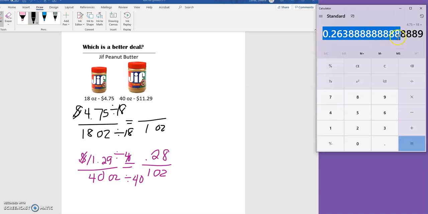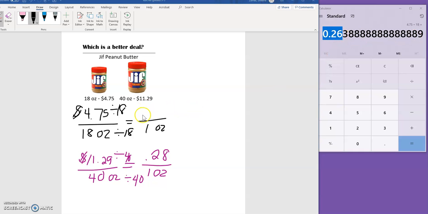Again, when we have all of these decimal places, we're talking about money. We just need to compare 2 decimal places. So now, again, once we have a unit rate, we have this in common. This price is a little bit cheaper. 26 cents is less than 28 cents.